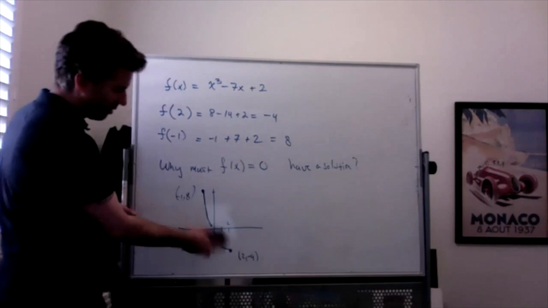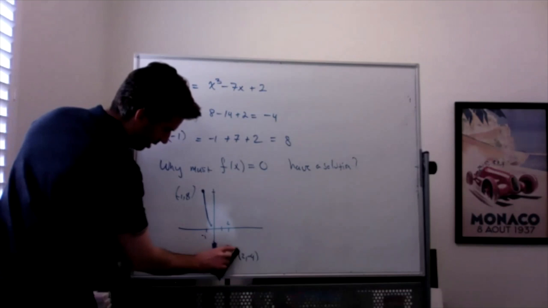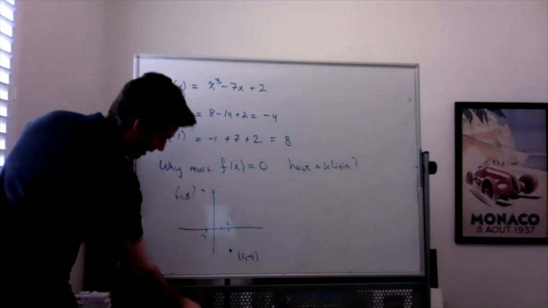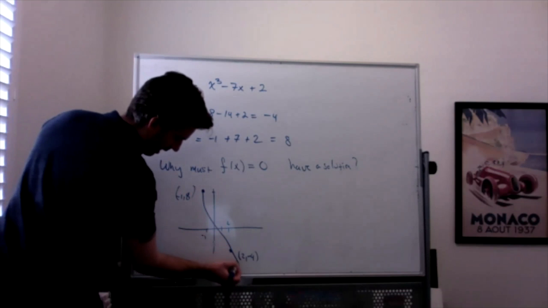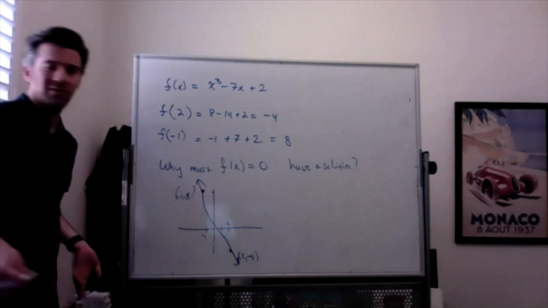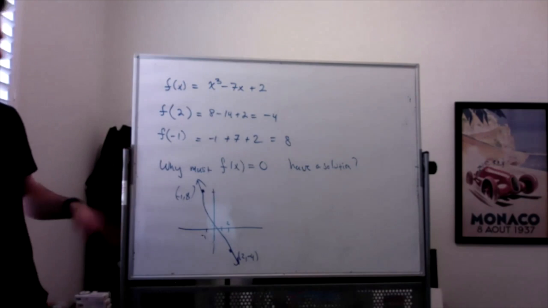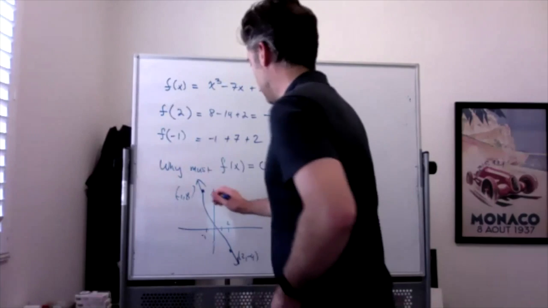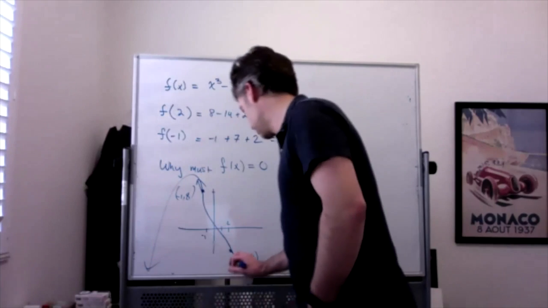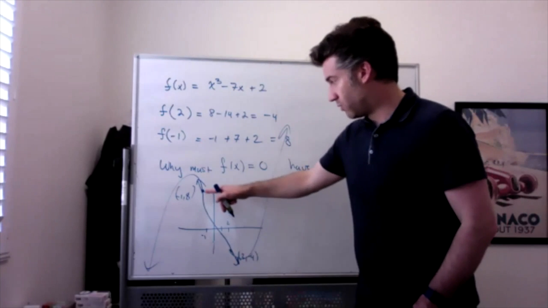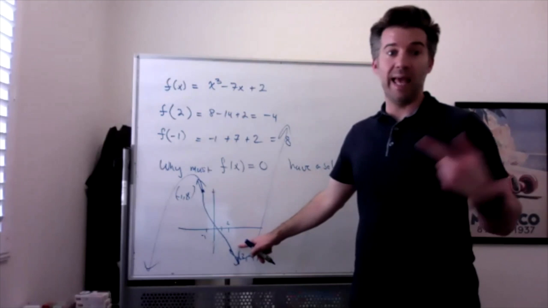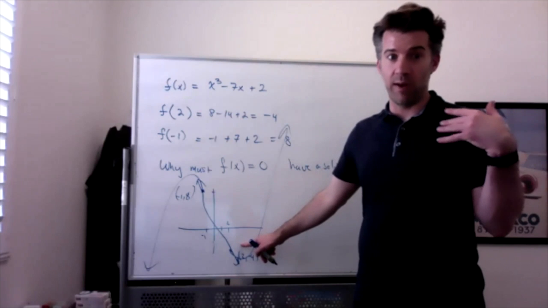So I can't really draw it like that. What we actually have to have is that this function does something like that. I don't know exactly what this function does, my picture I'm sure is not very good. It probably does something more like this. Whatever, that's not the point. The point is that between here and here, I get every y value between -4 and +8.